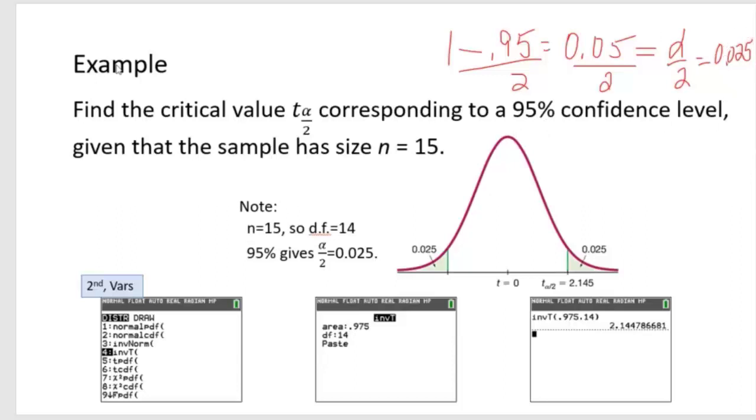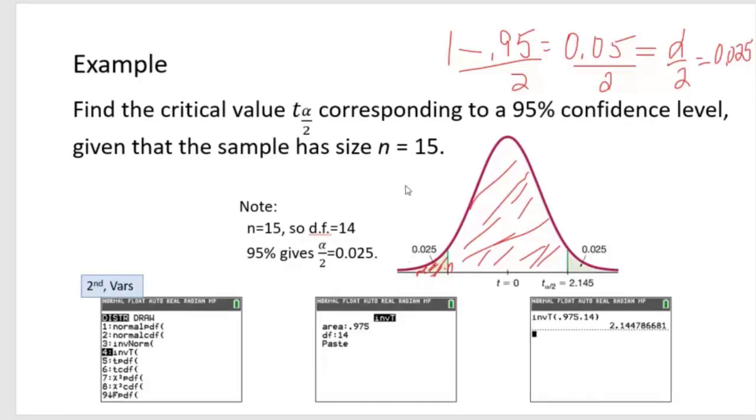Okay. Then you're actually putting into your calculator the area that covers the 95% you want, plus this extra little tail, because this calculator is programmed to come in from the left.